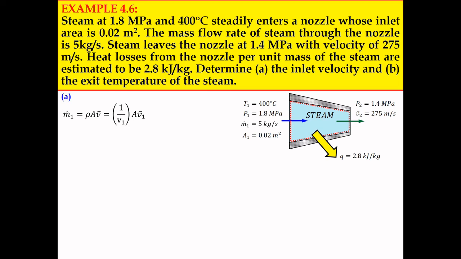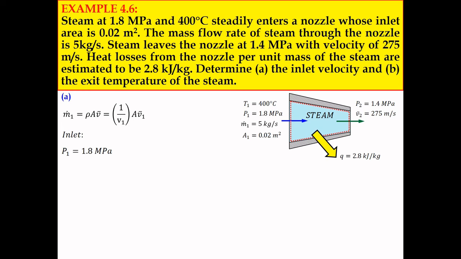The remaining term that we need to know before we calculate V1 bar, the inlet velocity, is the specific volume v1. So we need to determine the value of v1 first before we calculate the inlet velocity.